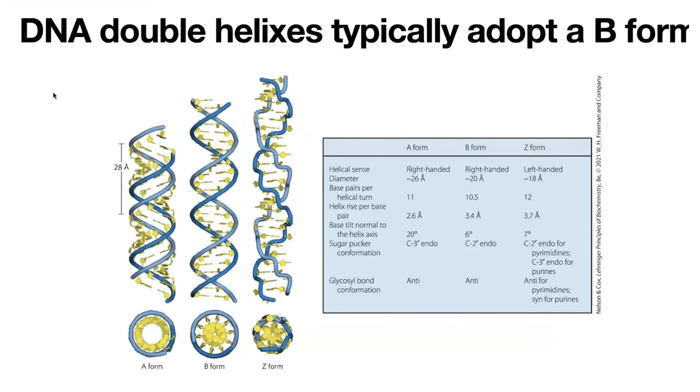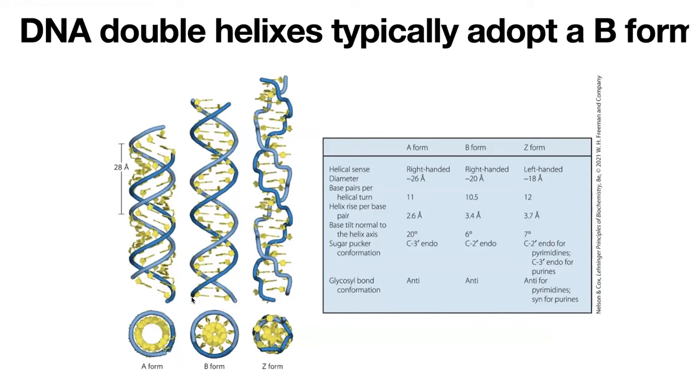The reason why I was kind of particular about this being a fiber and not a crystal is because DNA tends to crystallize in this artificial form, as far as we think, this A form. It's more kind of compact form. Whereas instead, in our bodies, DNA typically exists in this B form, this kind of more expanded form.